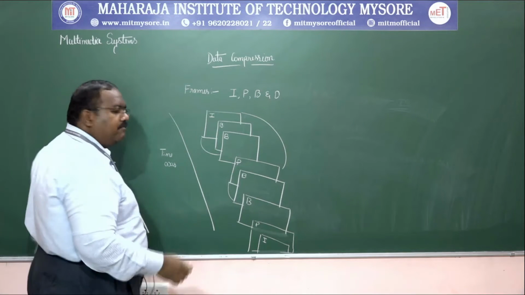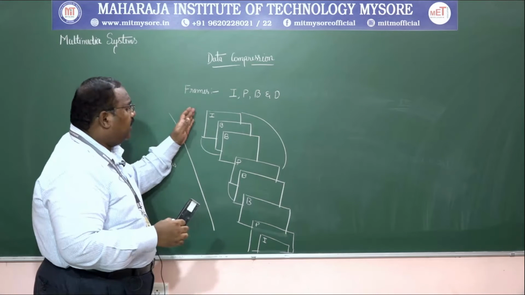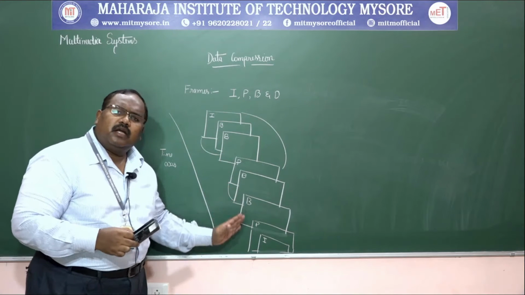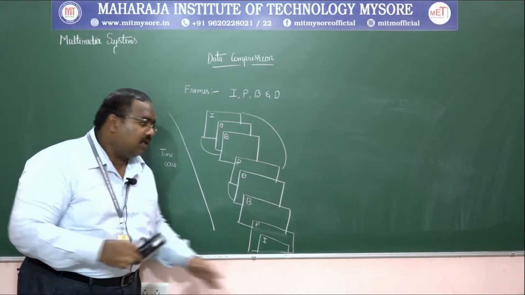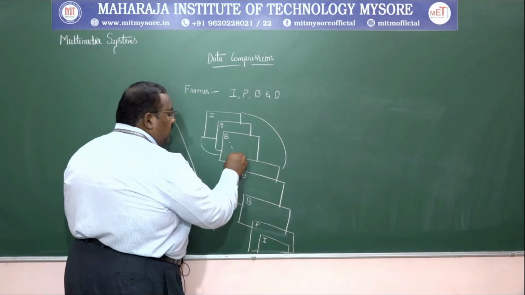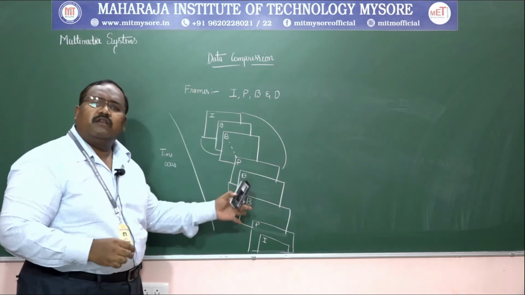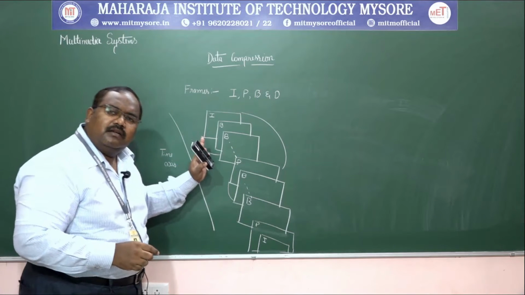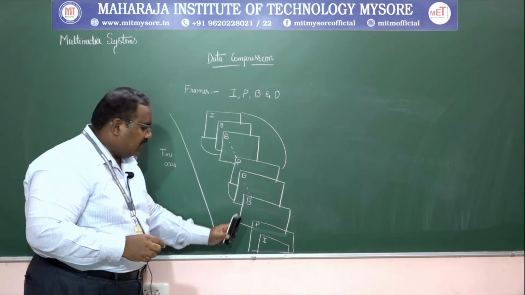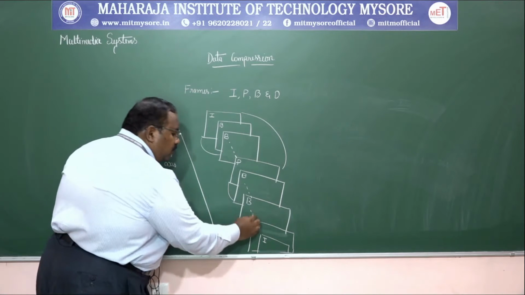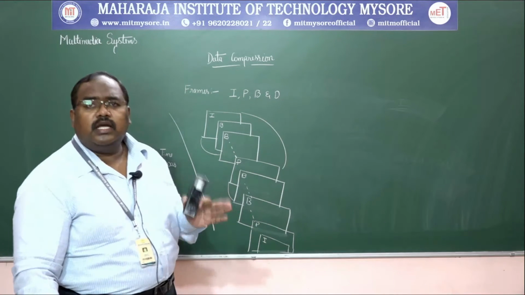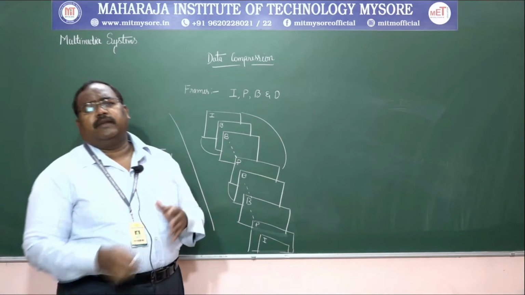So over a period of time we encounter I, BB, P, BB, and it continuously goes on. We can make it a dotted line, meaning there are a lot of other frames. Just for convenience, I have drawn only the required number of frames, and there might be some more frames, the P and I frame. So let us look into the details of each kind of frame.